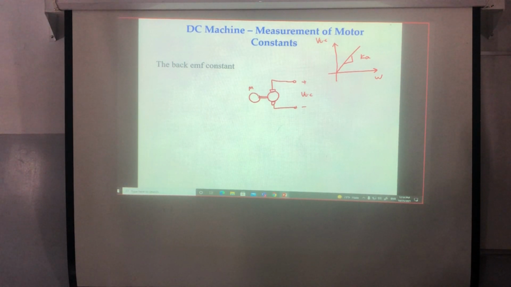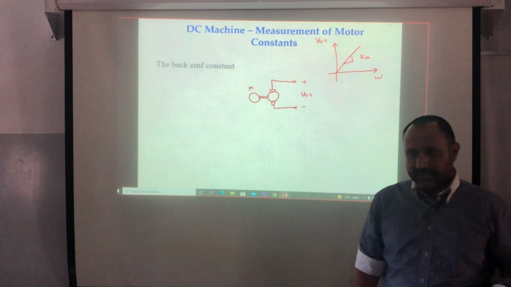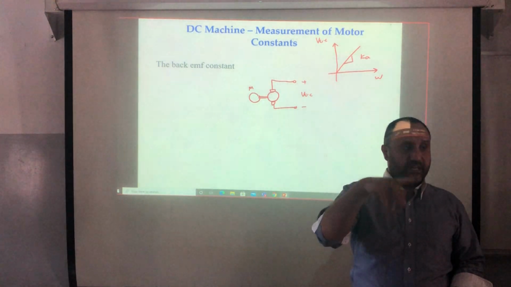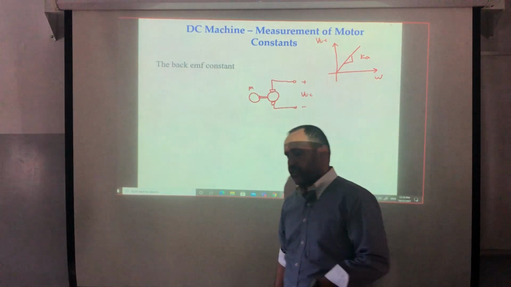How can I do that? Think about it. Repeat the question: how can I measure the inertia and the viscous friction coefficient?